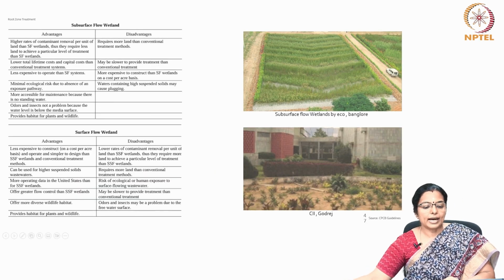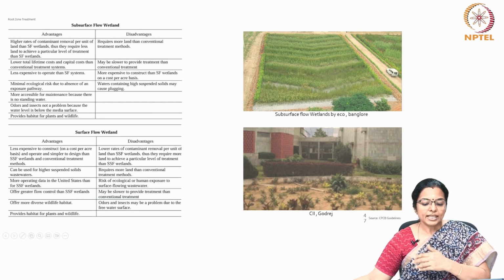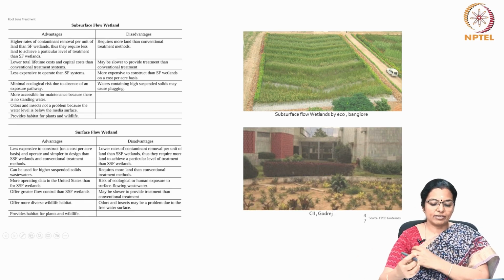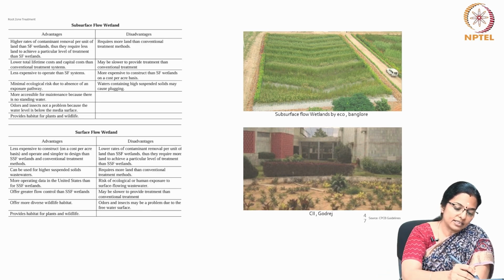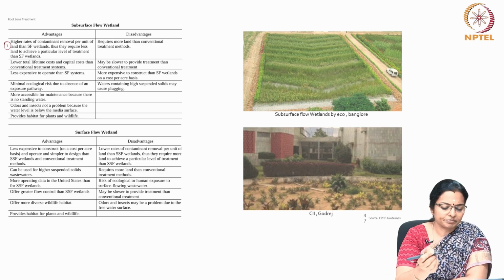Let us now look at the advantages and disadvantages of subsurface flow wetland. The advantage of subsurface flow wetland is that it has higher rates of contaminant removal per unit of land than the surface flow wetland. Thus, they require less land to achieve a particular level of treatment than the surface flow wetlands.